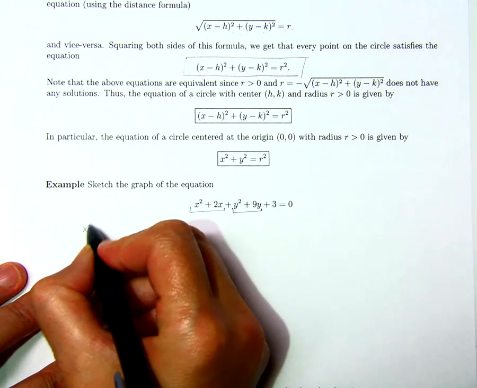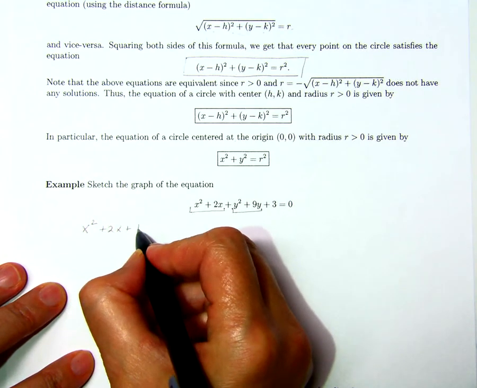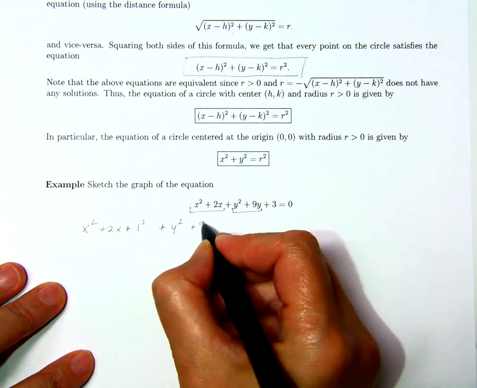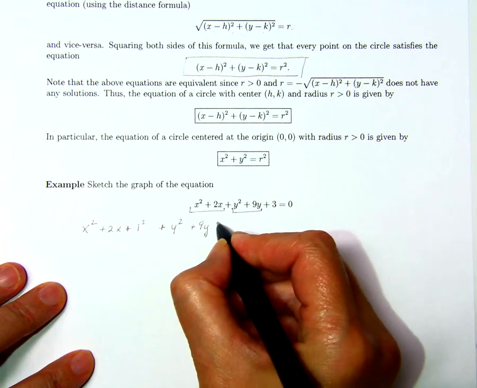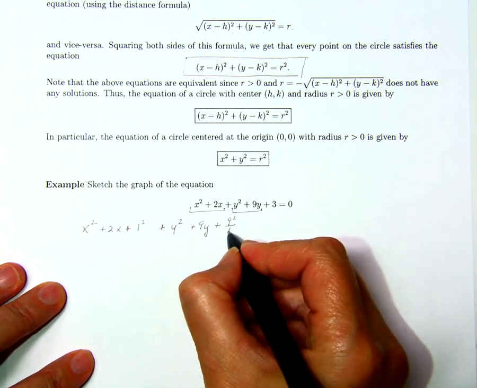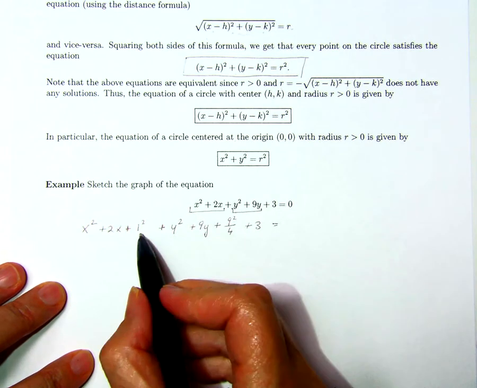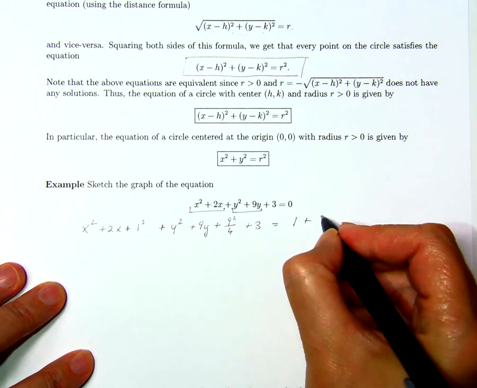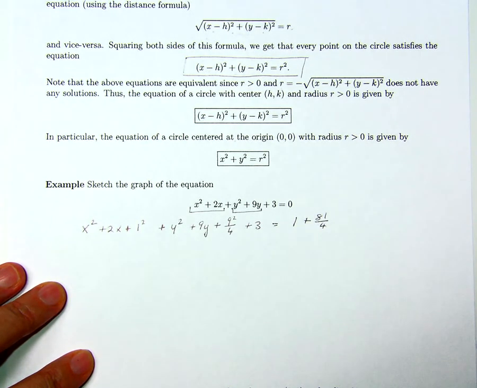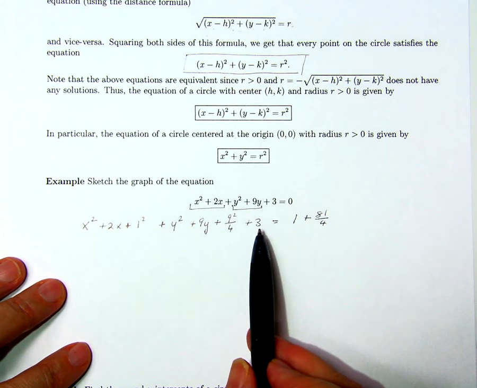So we have x squared plus 2x plus half of the middle term squared, which is 1 squared, plus y squared plus 9y plus half of 9 squared, so that's 9 squared over 2 squared, which is 81 over 4, plus the 3 we already had, equals... and now we've added 1 plus 81 over 4 to the left-hand side, so we should add that to the right-hand side to preserve this equation.